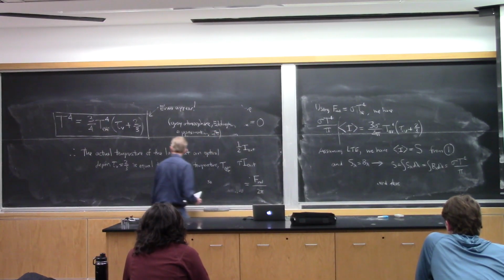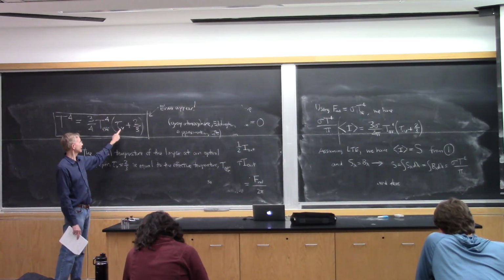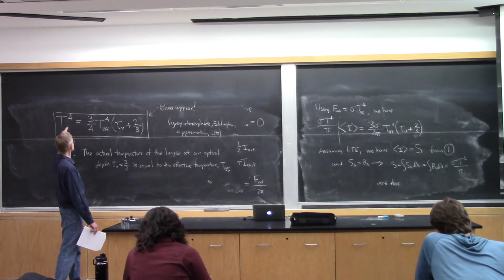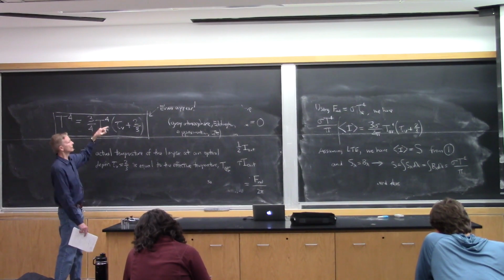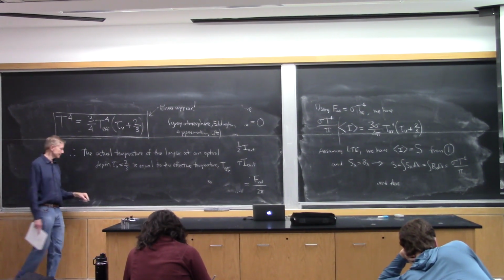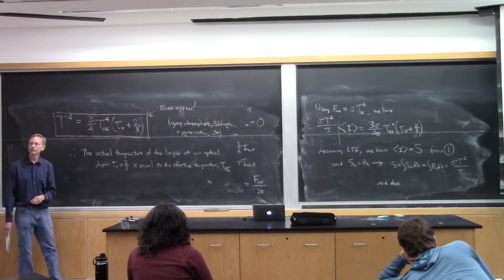Because if I plug tau v equals 2/3 into this, I get 4/3 in the parentheses, multiplied by 3/4, which says T equals T_eff where tau v equals 2/3. And this is the sense that we see to an optical depth of 2/3 that we talked about.